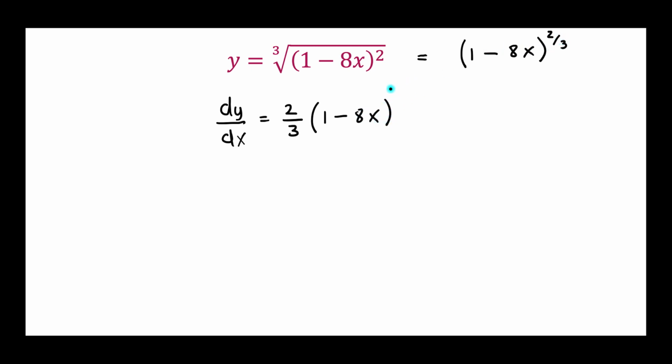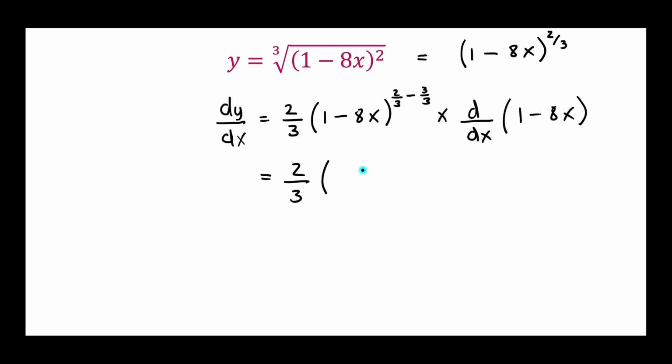my power. So the power would reduce to, I'll just write it in anyway just to show you, 3 over 3 times the derivative of 1 minus 8x. If I go ahead and do that, that's 2 over 3, 1 minus 8x to the power of minus a third.